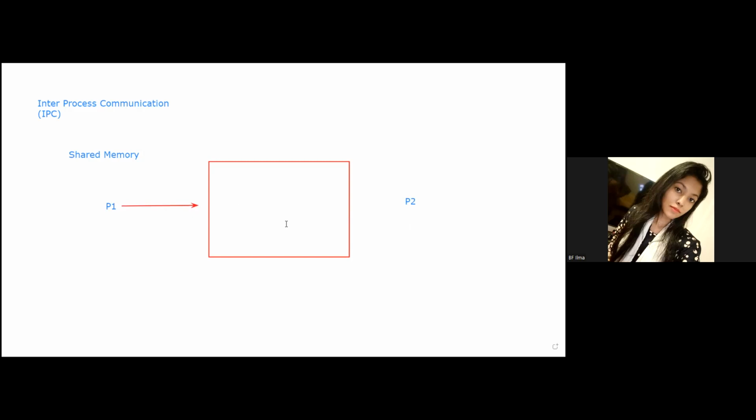Let's say I equals 2. If P2 needs to get the value of I, it can simply look at this shared memory and see I equals 2. So processes can exchange information by reading or writing data to the shared region.